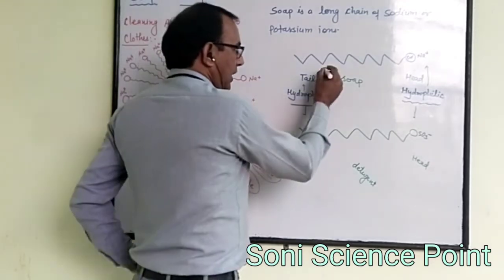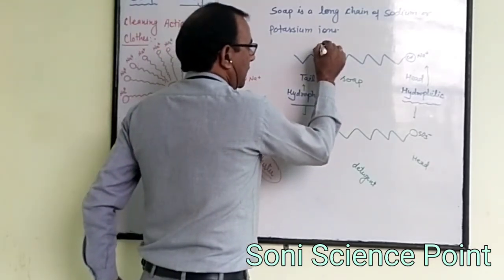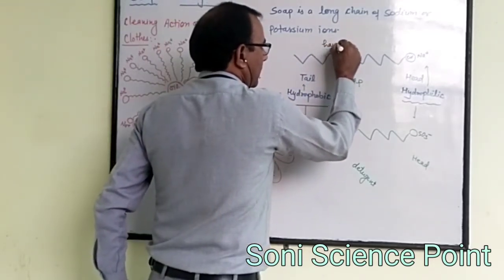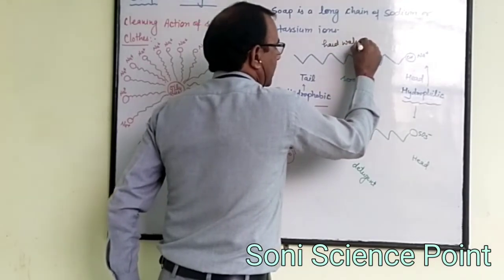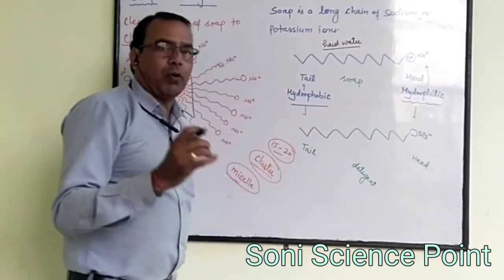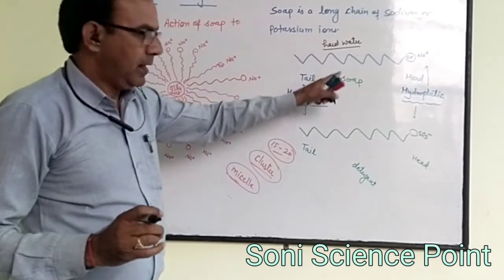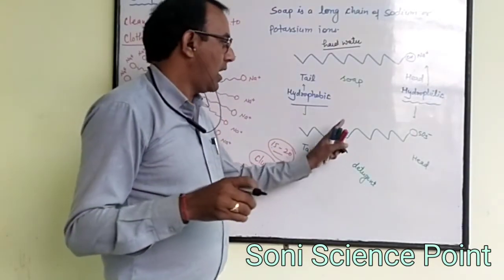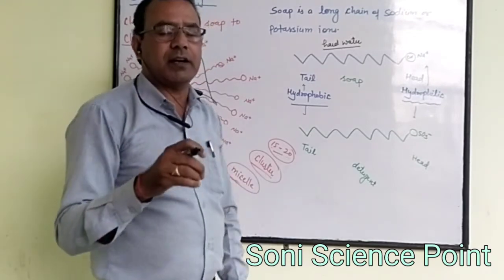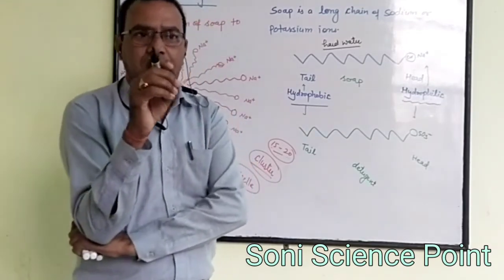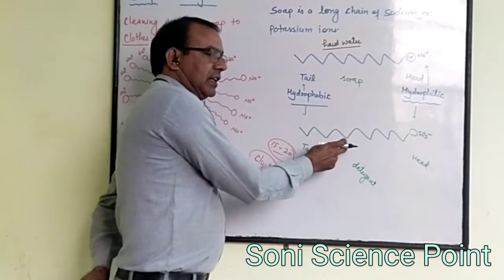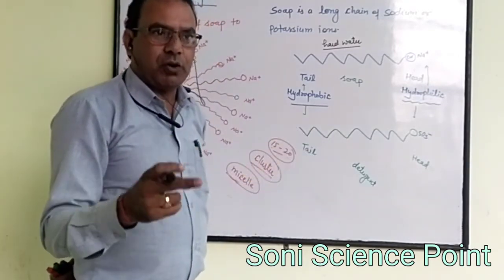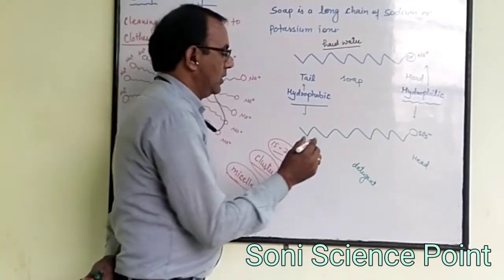Second, soap doesn't react with hard water, or we can say soap does not produce foam or lather with hard water, but detergent produces foam or lather with hard water, because hard water contains calcium or magnesium ions. The detergent dissolves them and produces foam.